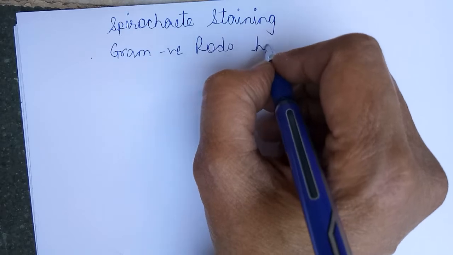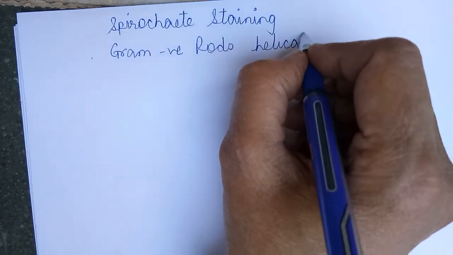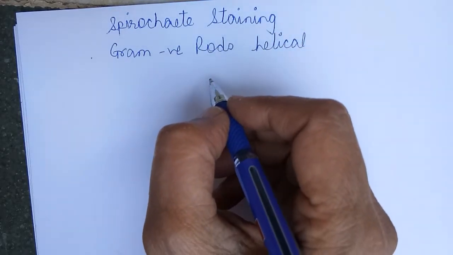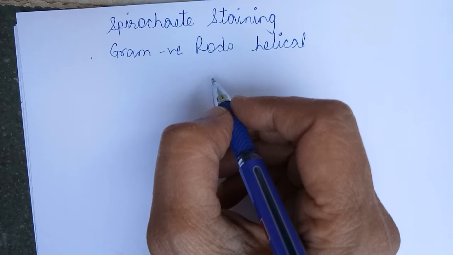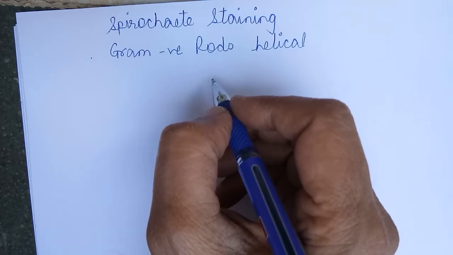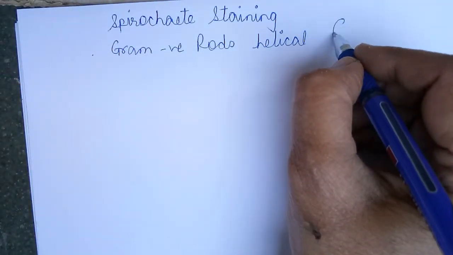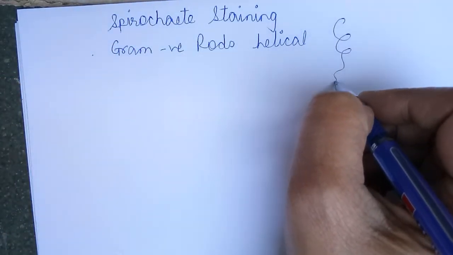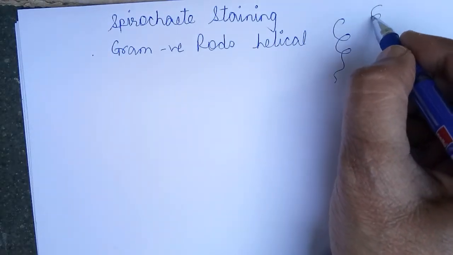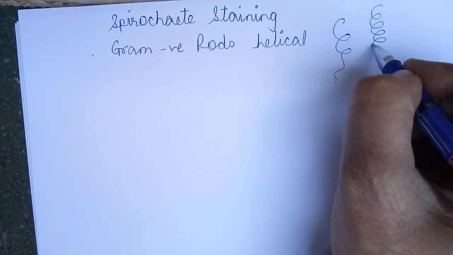Their shape is helical. They may be loosely or compactly helical. If we try to draw their shape, it will be like this, or if it is heavily coiled, it will be like this.